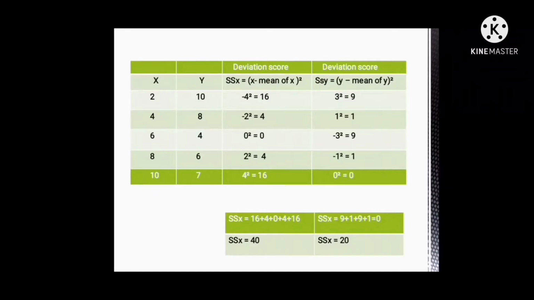To get the sum for x, I added all these numbers to get the sum of 40. And for y, I do the same. I add all these numbers to get the sum of 20.